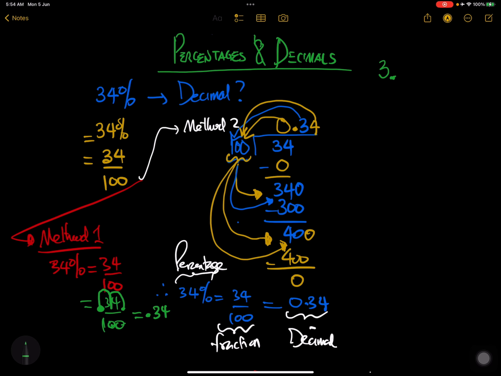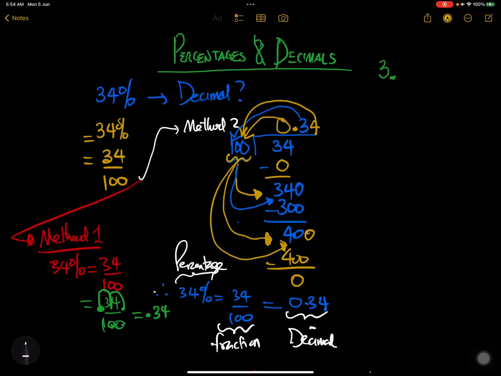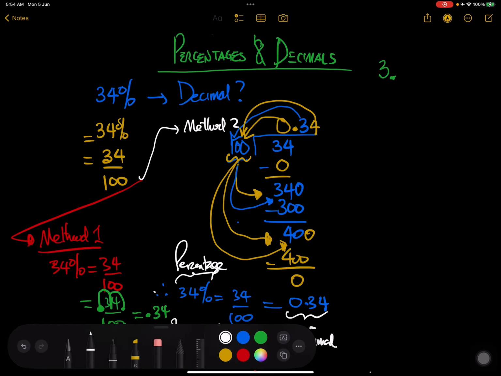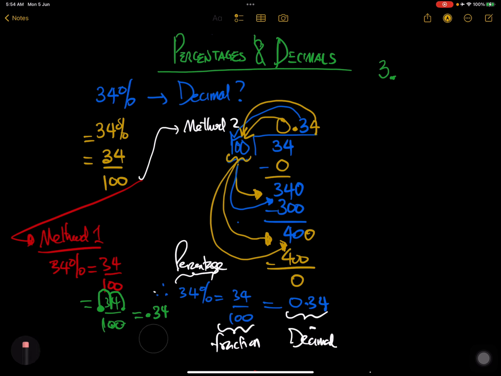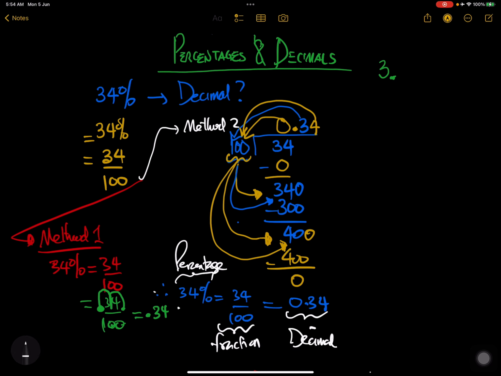If we have, for example, let's say, sorry about the confusion, if we have, let's say, 352 divided by 1,000, it means we're going to move the point that is here 3 times.